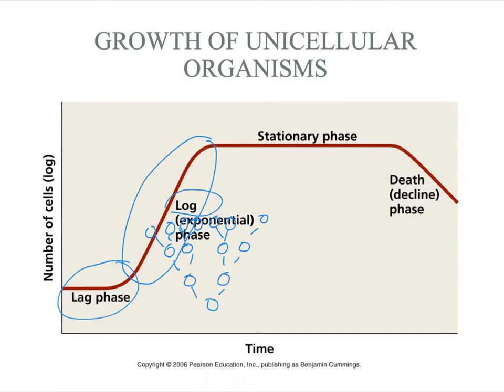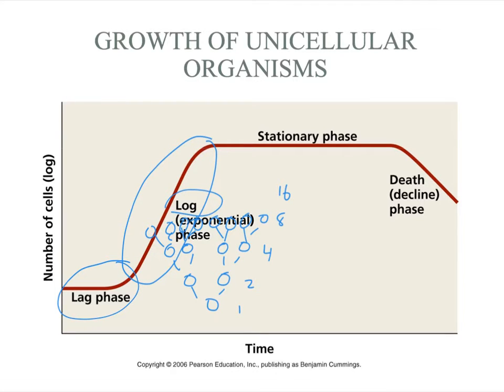And so you get this doubling of numbers as you go along. This is called exponential growth, because you're going from one cell to two cells to four cells, and then to 8 cells, and then to 16 cells and so on. And it doesn't take a long time as the numbers are doubling for you to end up with a lot of microorganisms there.